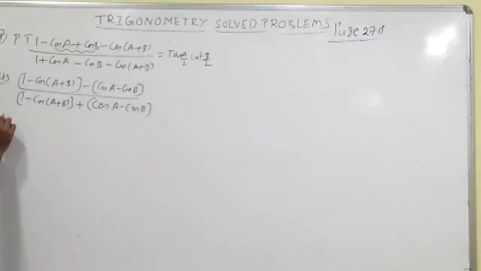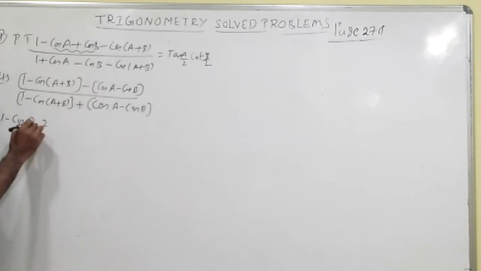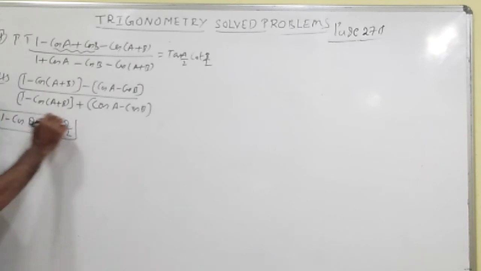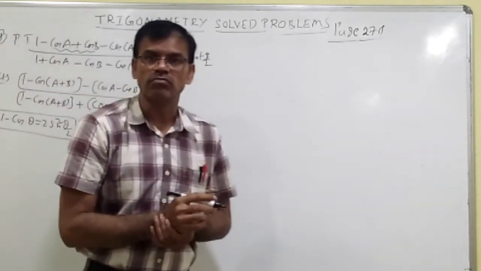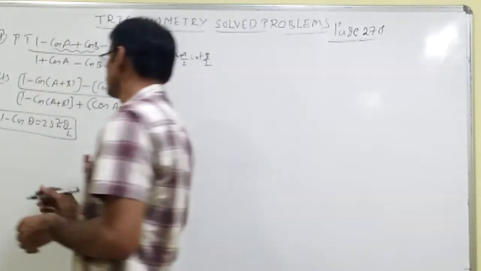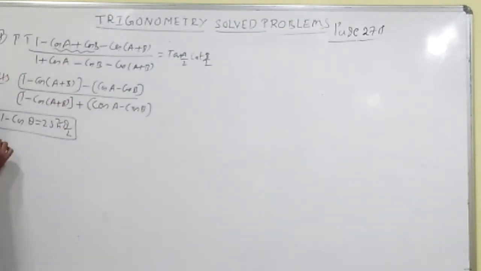I am making you remember the formula that 1 minus cos theta is equal to 2 sin square theta by 2. This is the submultiple angle, 2 sin square theta by 2. That is equal to, now we write like this, 2 sin square of a plus b by 2.